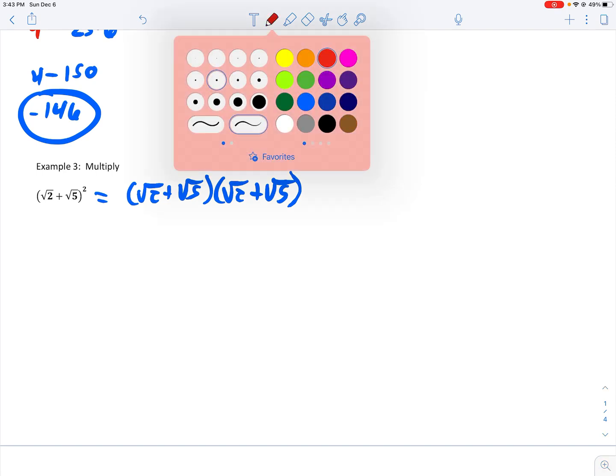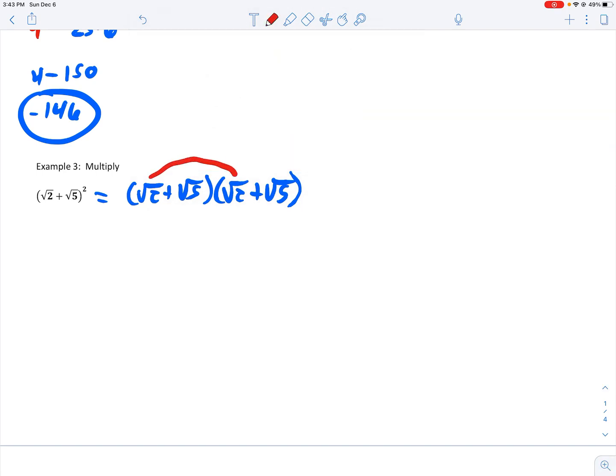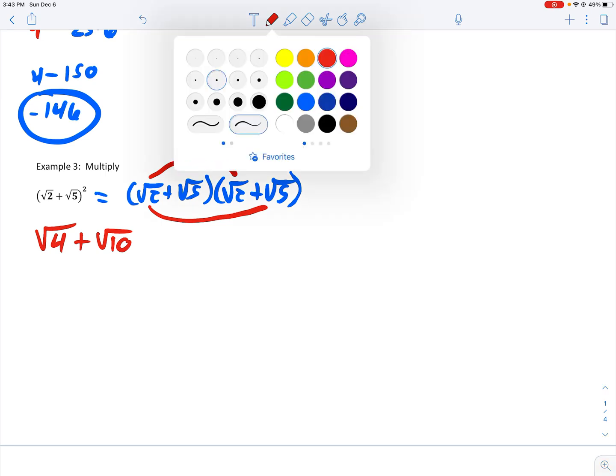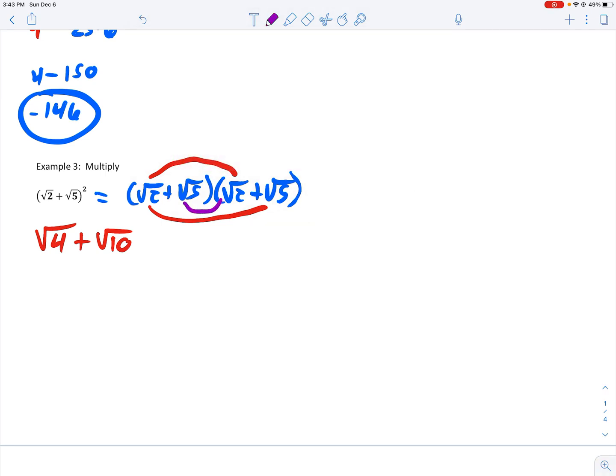Use the distributive property. So distribute. Root 2 times root 2 is root 4. Plus root 2 times root 5 is root 10. Then do the inside values. So you get plus root 10 and then plus root 25, because 5 times 5 is 25.